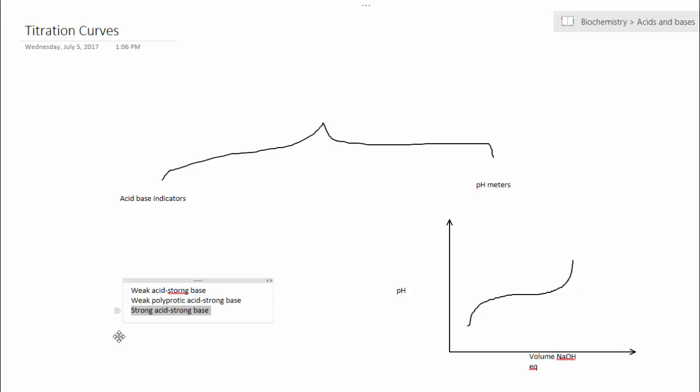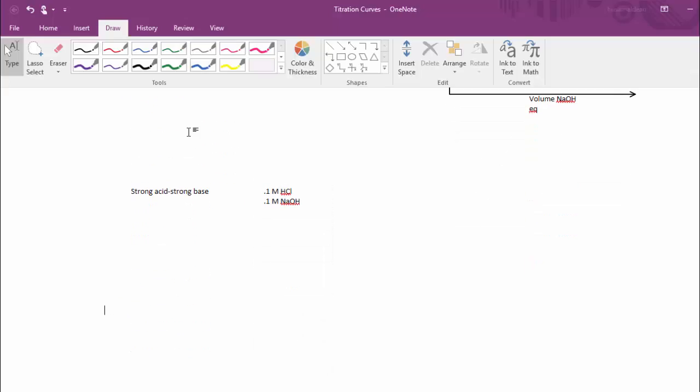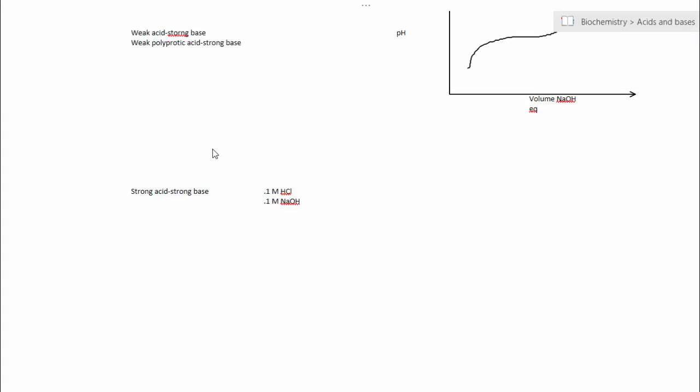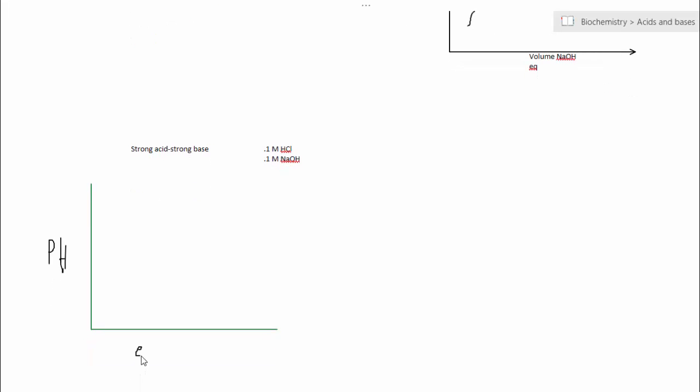Starting with the simplest one, which is titrating a strong acid with a strong base, we will take in our example 0.1 molar concentration of HCl and 0.1 molar concentration of NaOH. We want to draw the titration curve of this titration. The y-axis will be for pH and the x-axis will be for equivalents of NaOH.